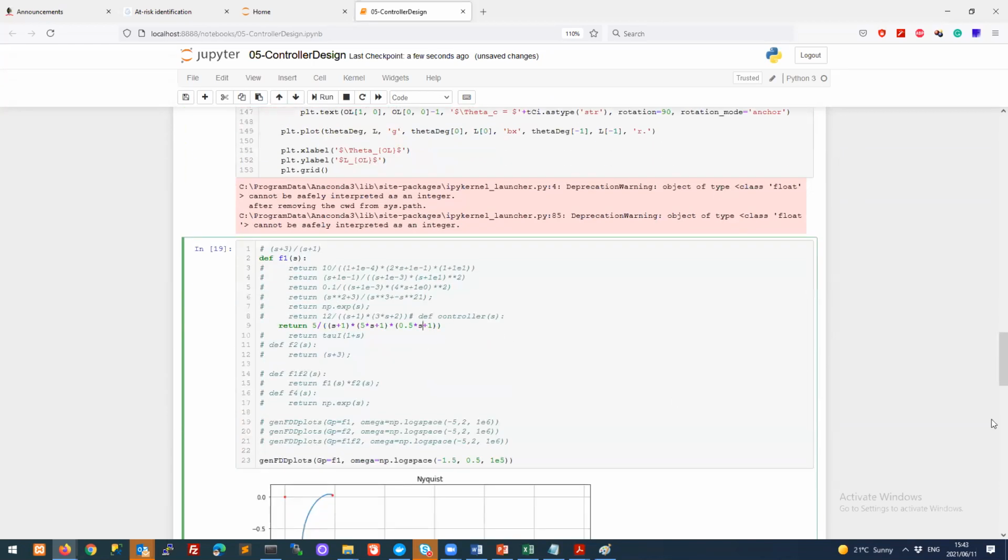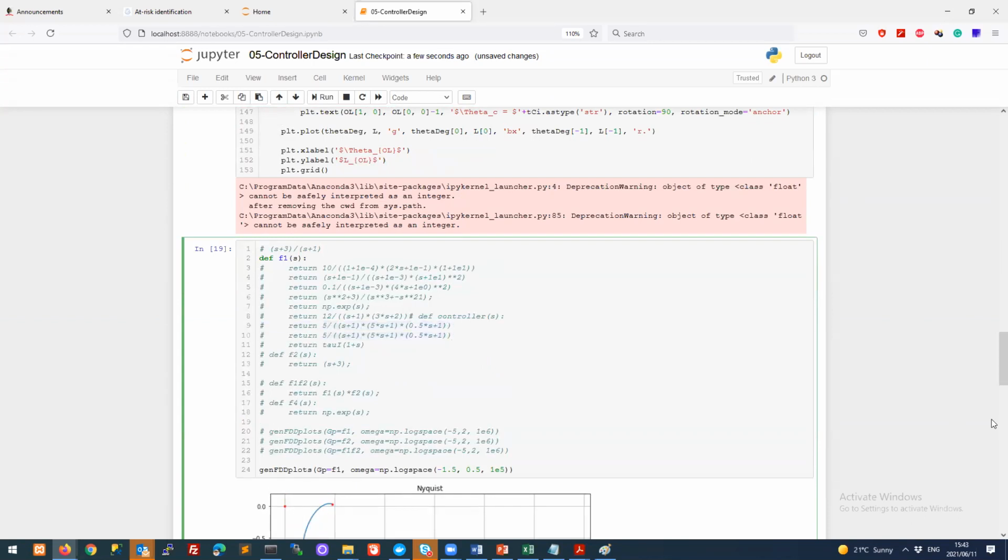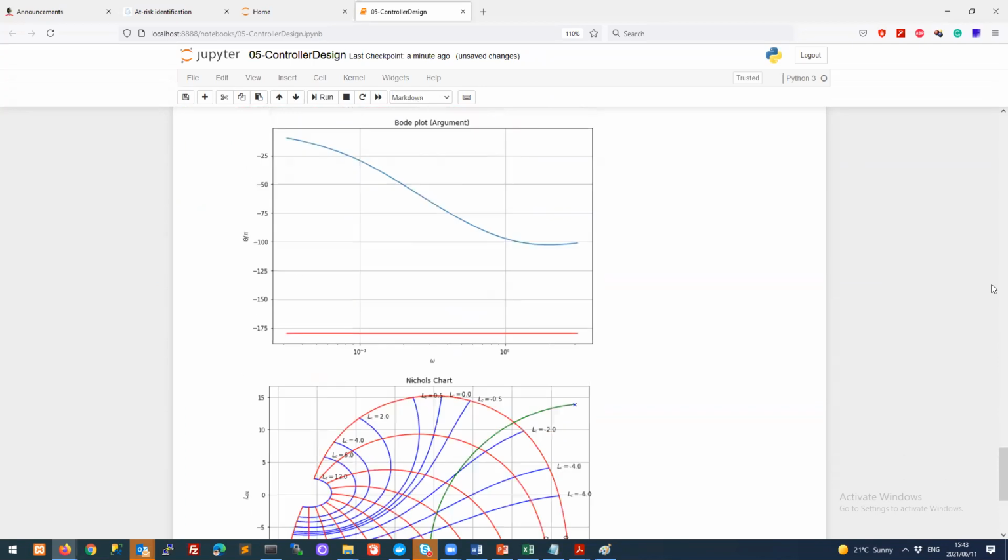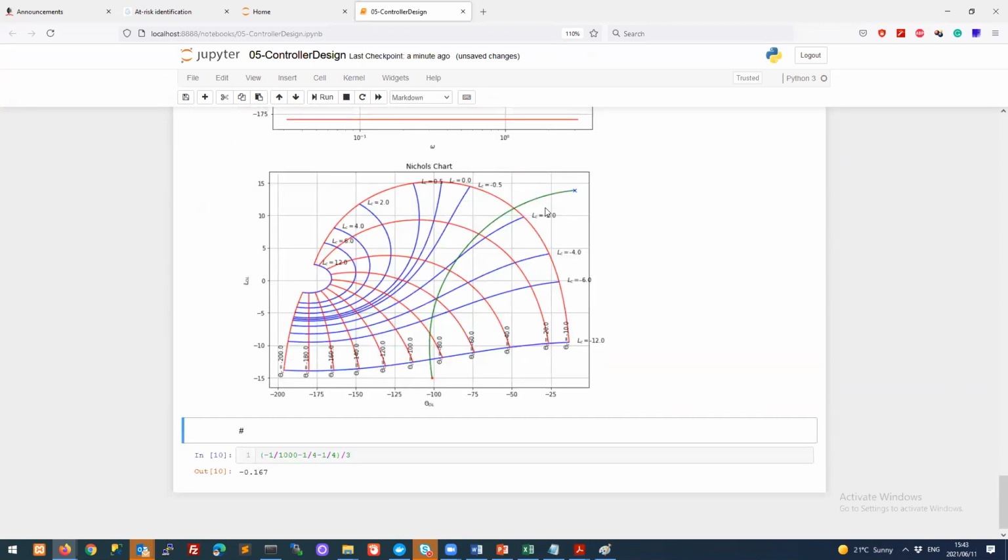You've also asked about the one where you've got that third term in the numerator, this term up top. How does this look? Here you can see it's going to be quite hard to get this close to the 2 line.